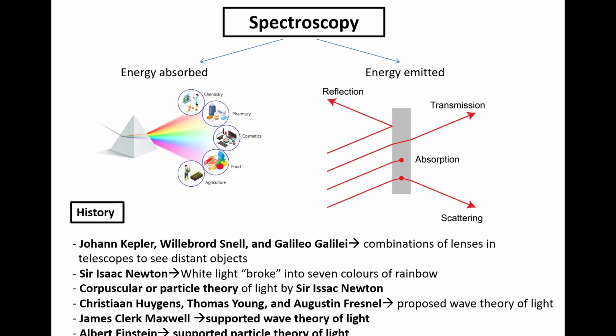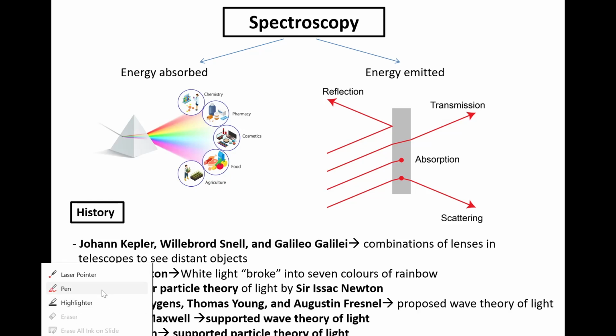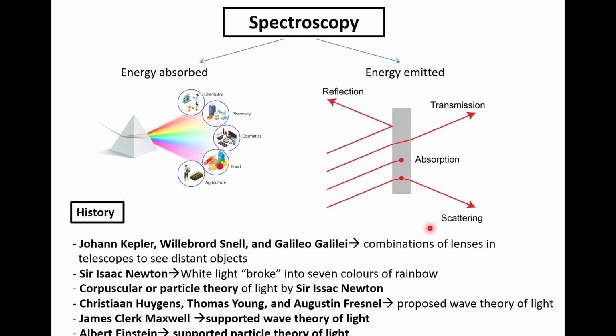When you interact light with certain matter, different phenomena can happen, depending on the wavelength or intrinsic nature of the light you are using, as well as your matter. The light can come and reflect back, that is reflection.